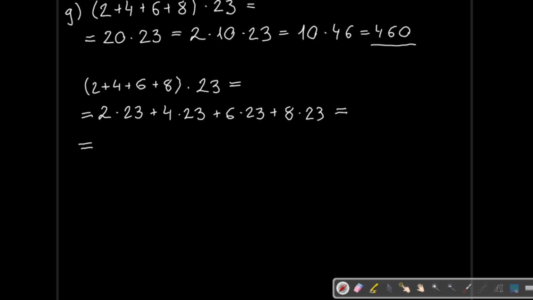We already used this method in the previous way. So 2 times 23 is 46. Then we have 4 times 23, which is, I believe, 92. 6 times 23 is 138.